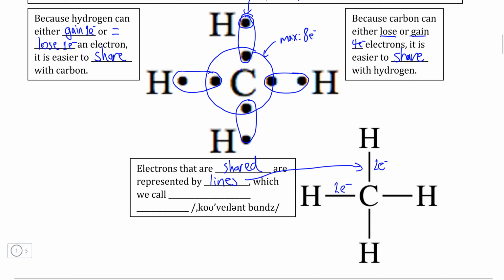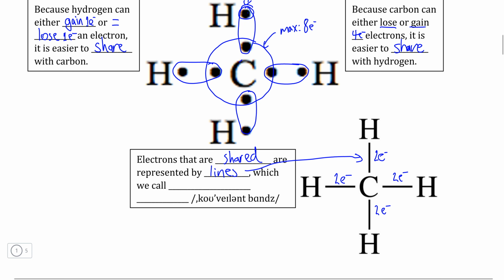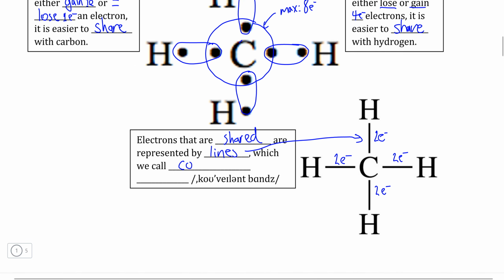This line represents these 2 electrons, and so on for the rest of these electron pairs. Because these are not transferred from hydrogen to carbon or vice versa, we don't refer to them as electron pairs in the traditional sense. Instead, we call them covalent bonds.